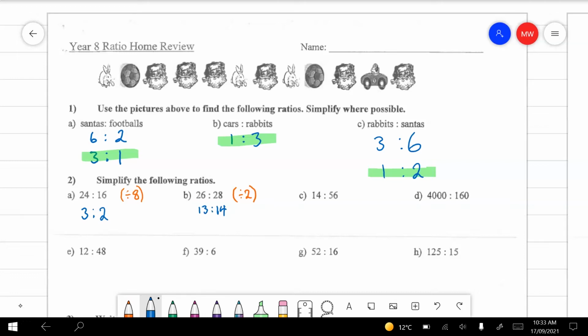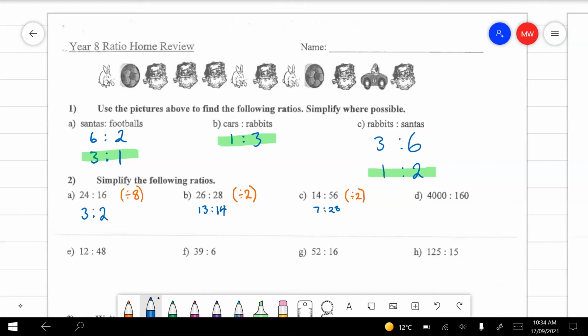In the next one, I can see that I've probably got common factors of 14 here, because 14 will go into 56. But let's just say, for instance, that your times tables don't allow you to do that. That's okay. What you can do is do this in multiple steps as well. If you're not sure about this, I can see 2 would go into both of these. So I'll just divide by 2, and then I'd have 7 to 28.